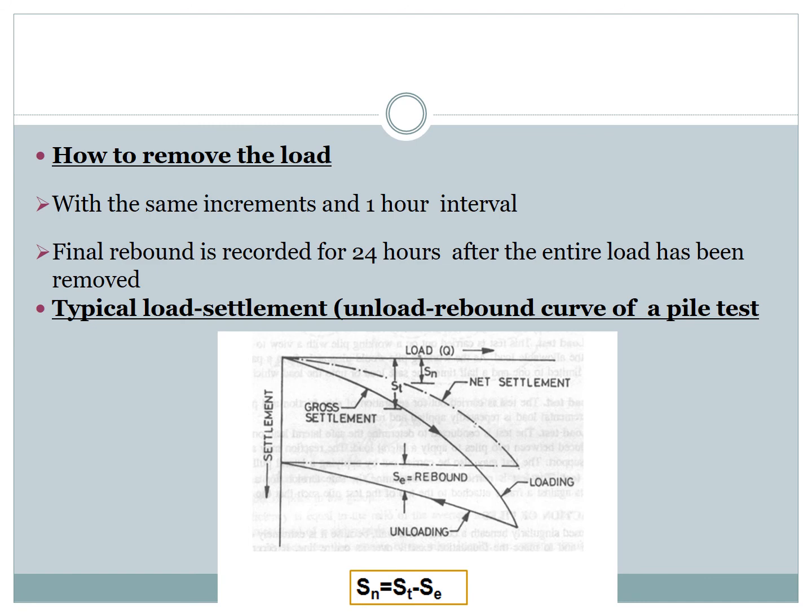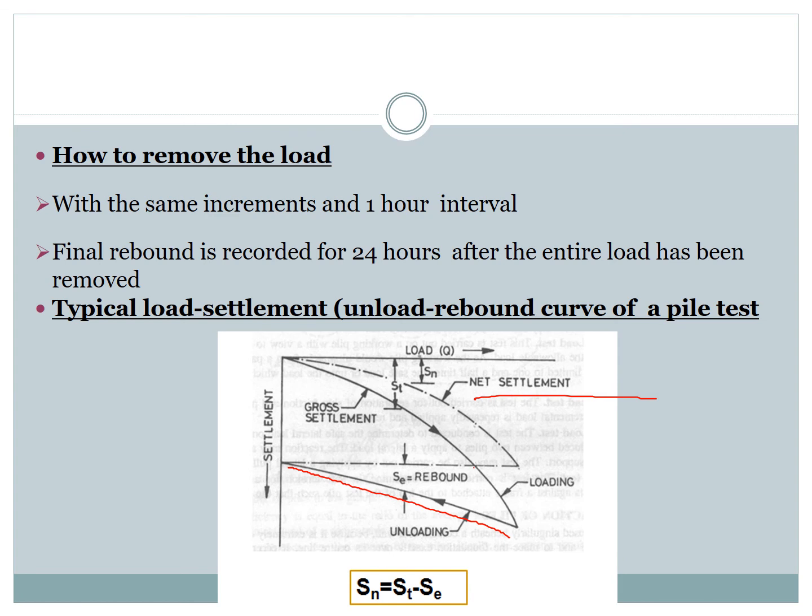This is your gross settlement. After subtracting the rebound from the gross settlement, we get the net settlement of the pile.